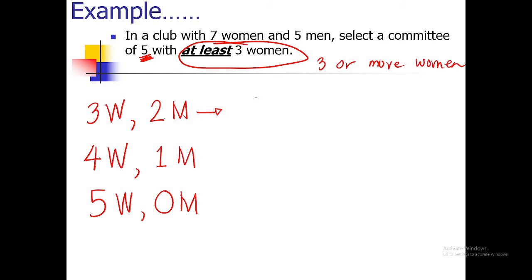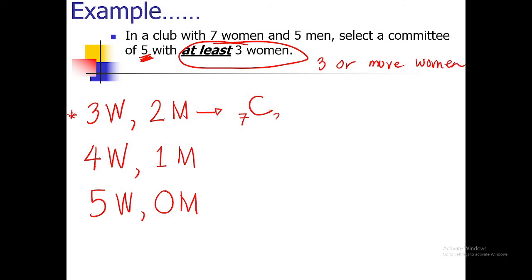The combination, let's start with the women. How many women are there in the club? 3, sir. No, in the club. 7, sir. There are 7 women in the club. And how many will be taken from our first scenario? 3 women.